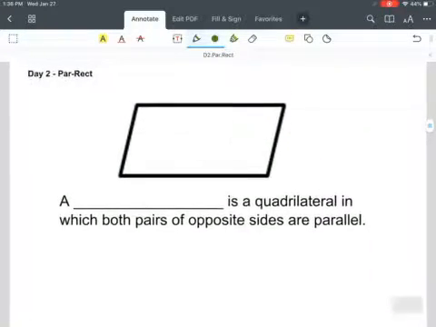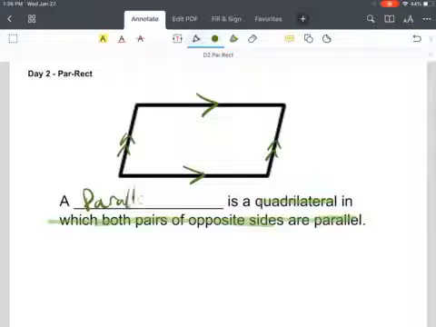When we have a specific type of quadrilateral in which both pairs of the opposite sides are parallel, so that would mean the top and the bottom would be marked parallel, in addition to the left and the right being marked parallel, that would be a parallelogram.